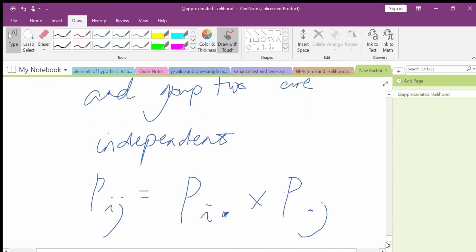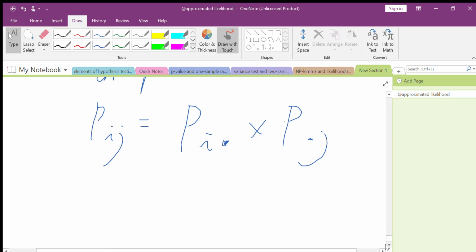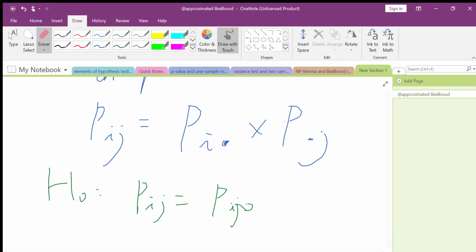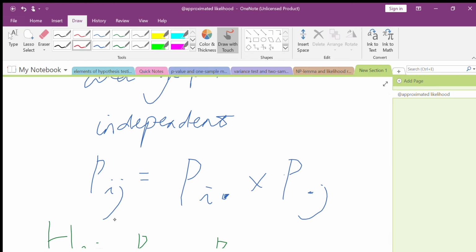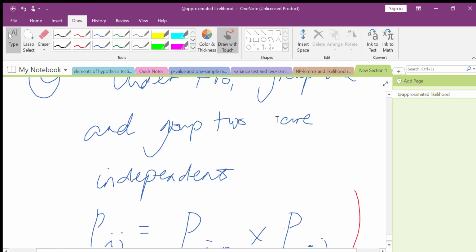We want to translate our independence hypothesis testing to chi-square hypothesis testing in this form, small pij equals pij 0, and we have found that under H null of independence, we have this relationship.